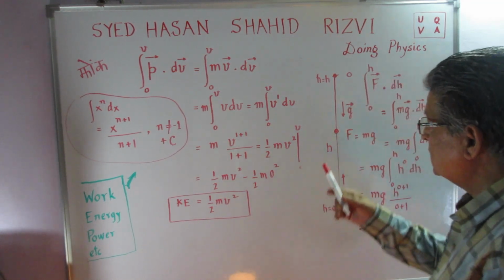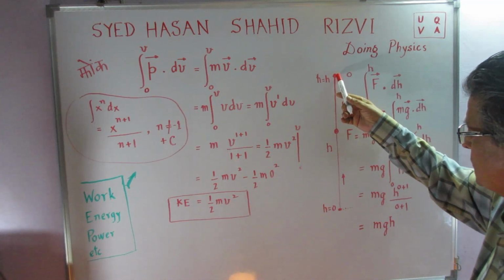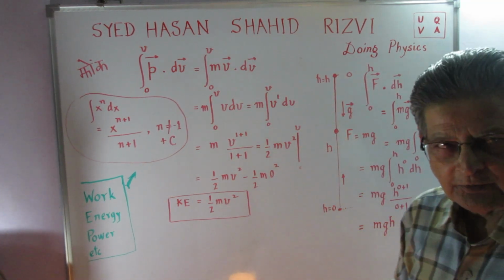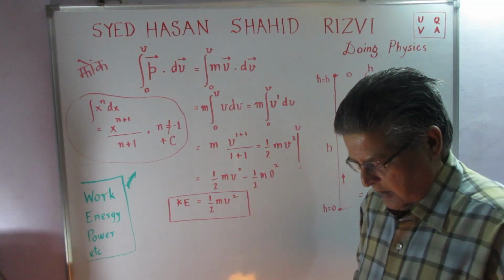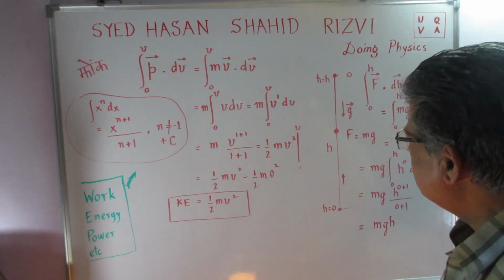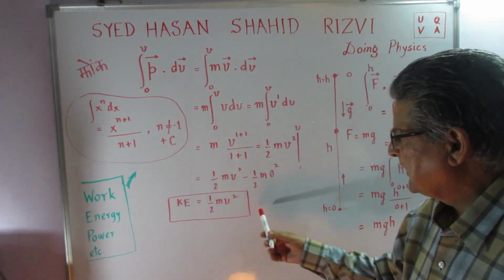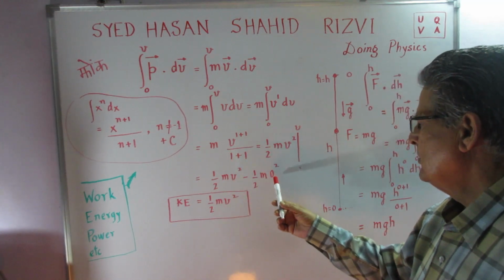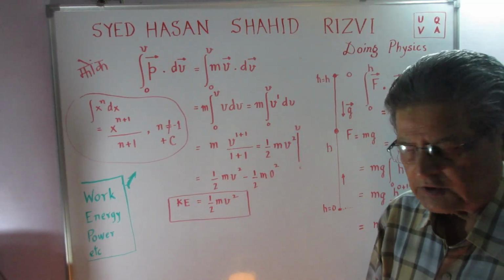We can take the potential energy over here to be equal to 0, and in that case the potential energy here will be negative. So it is the relative potential energy, like we did the relative kinetic energy: the kinetic energy at this velocity minus the kinetic energy at this velocity.